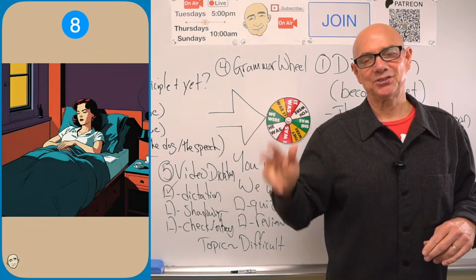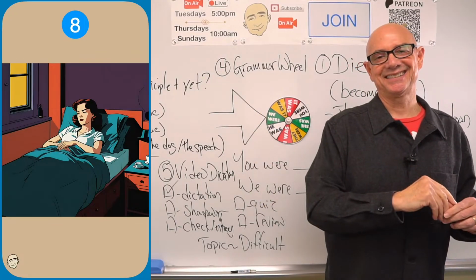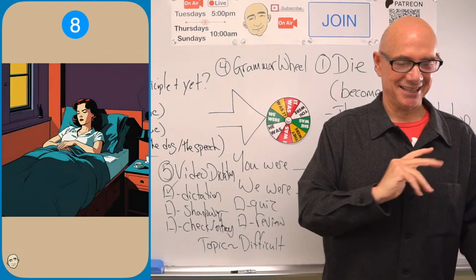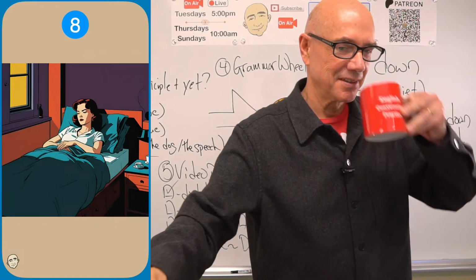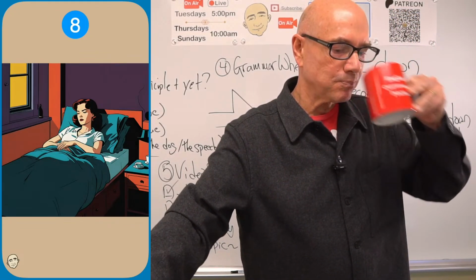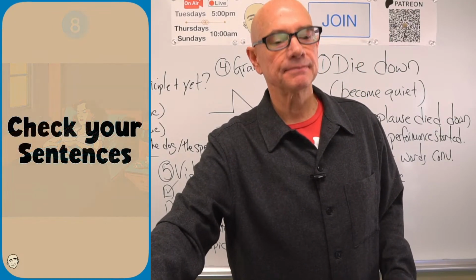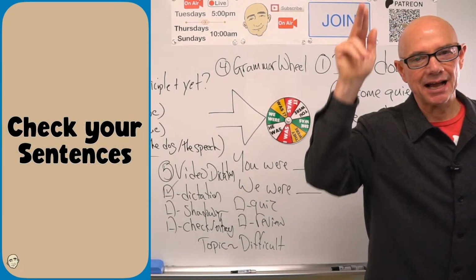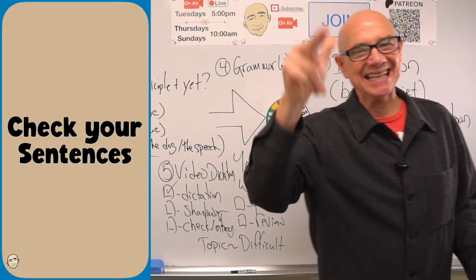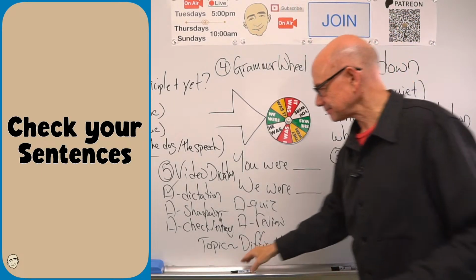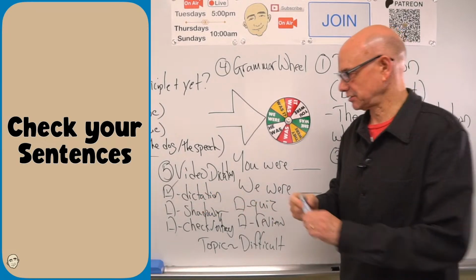It's difficult to wake up early. It's difficult to wake up early. Okay, good. That was shadowing. We said each sentence 3 times together at the same time. Let's check the box. You did it.